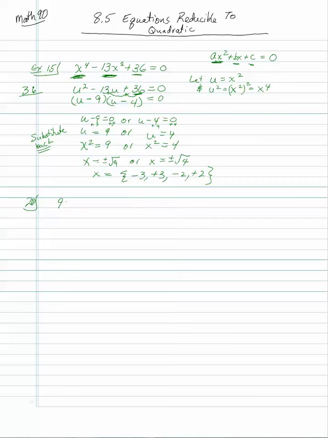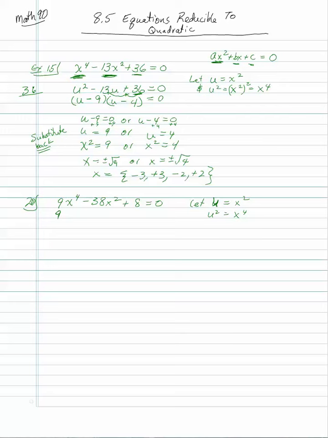Okay, let's look at number 20. I get 9x to the fourth minus 38x squared plus 8 equals 0. Again, we're going to let u equal x squared. So that means u squared would be x to the fourth. Now, personally, I don't do the substitutions.